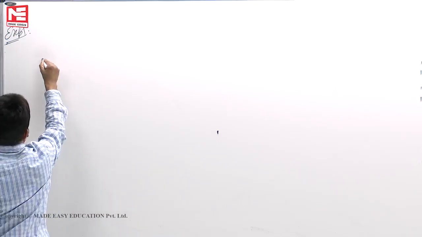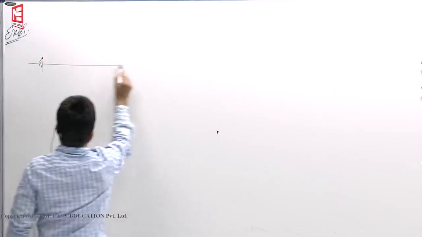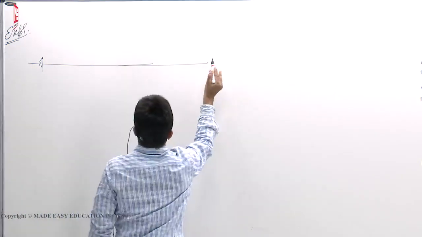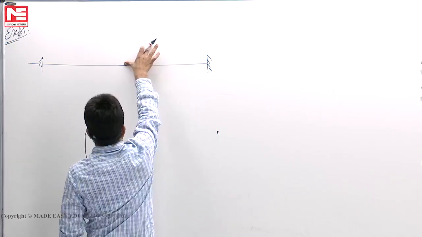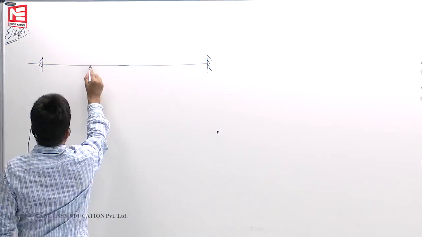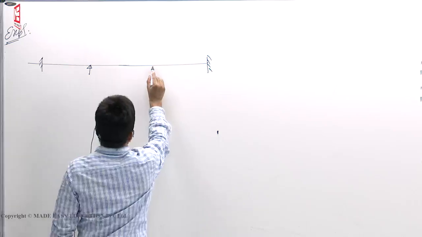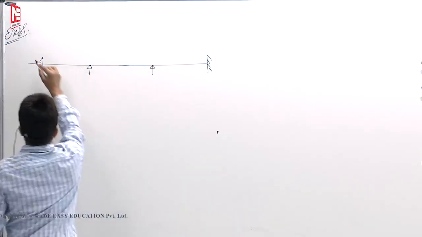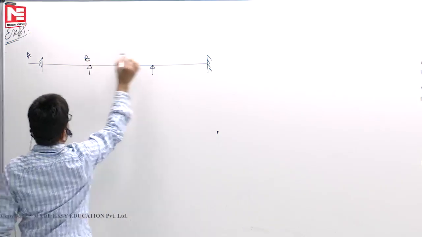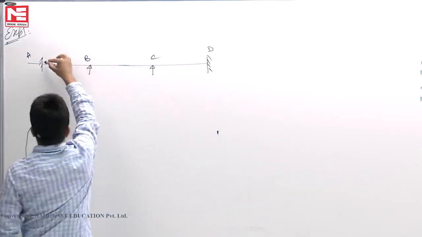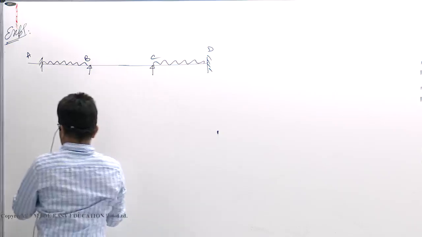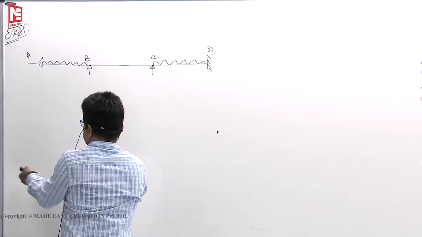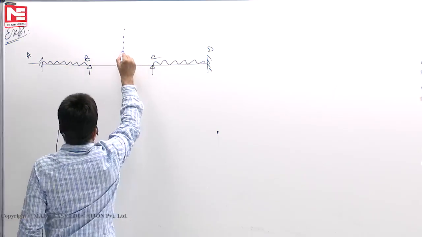Assume that we have a beam like this. Let us say the points are A, B, C, D, subjected to some UDL. This is the axis of symmetry.